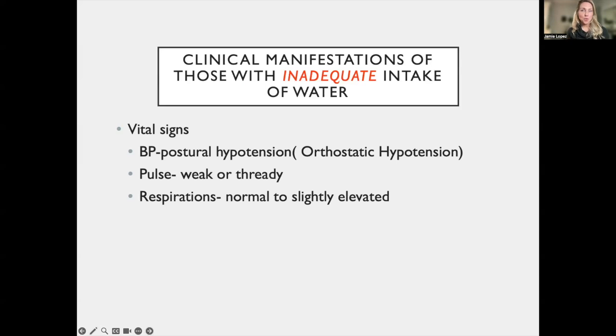Let's say it's 120/80 laying down, and when you sit them up and retake the blood pressure, it drops. The definition is a drop of 20 millimeters of mercury with the change in posture.